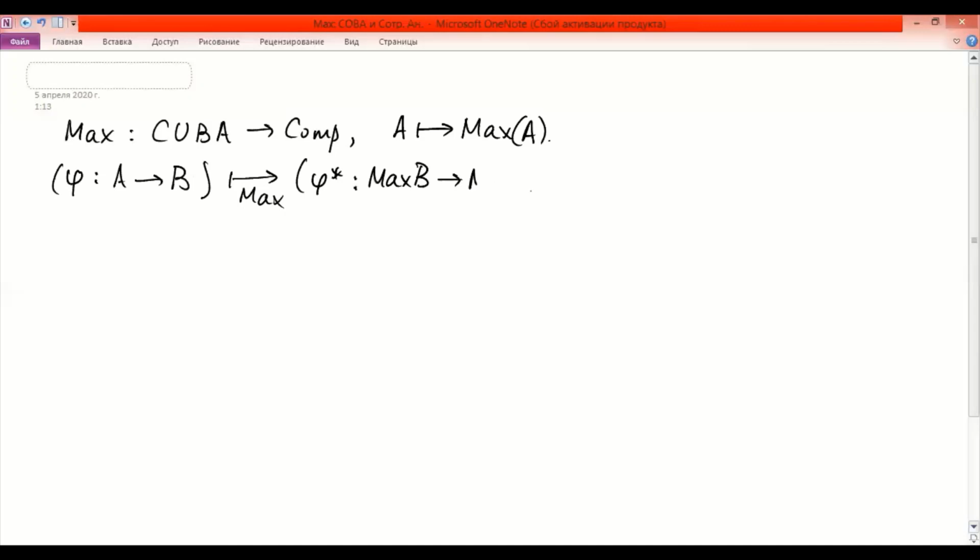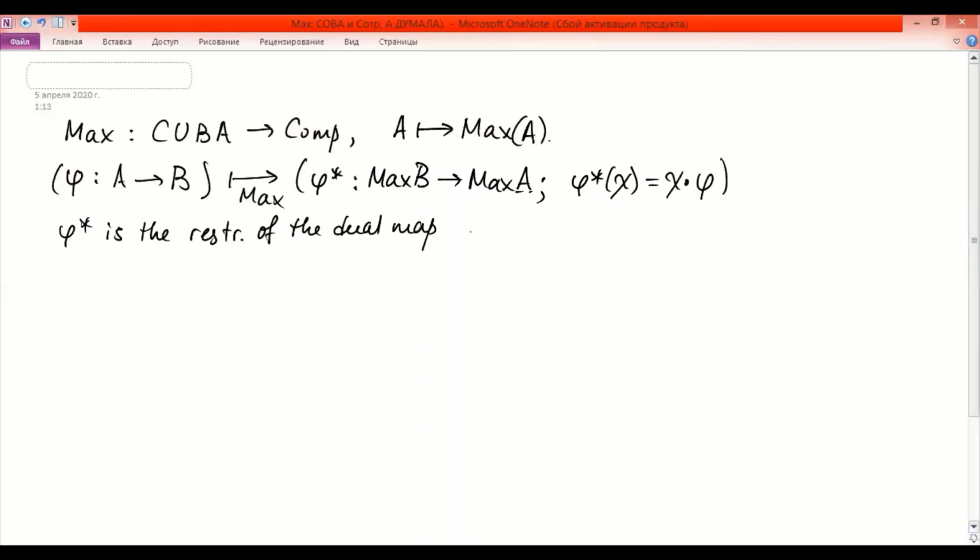And phi star acts as follows. If chi is a character of B, which corresponds to the respective maximal ideal, then phi star of chi is chi composed with phi. In other words, phi star is nothing but the restriction of the dual map phi star, which acts from B star to A star.